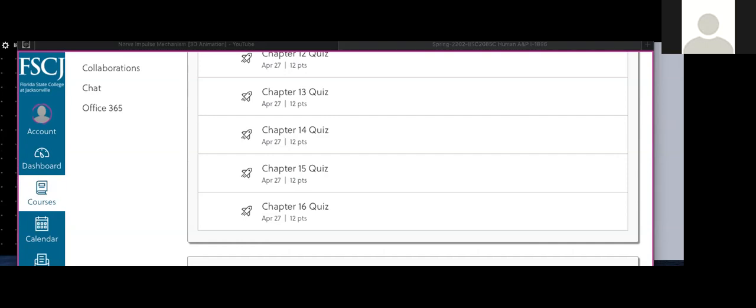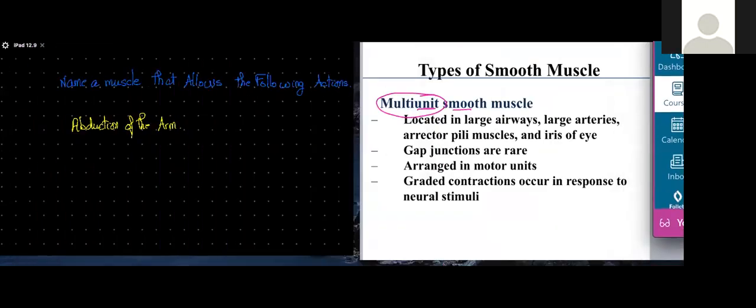A quick review of the muscles is going to be helpful at this point.